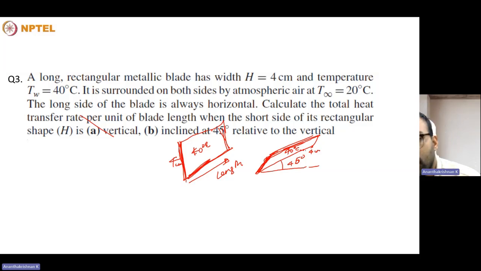So for that, the heat transfer will be equal to the heat transfer coefficient multiplied by 2 areas, times the temperature difference between the surface and the wall.